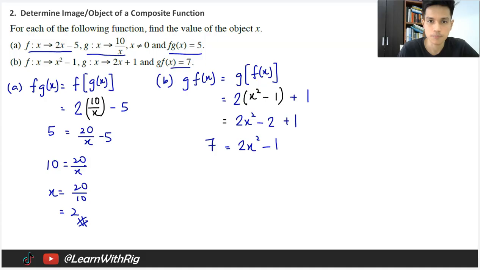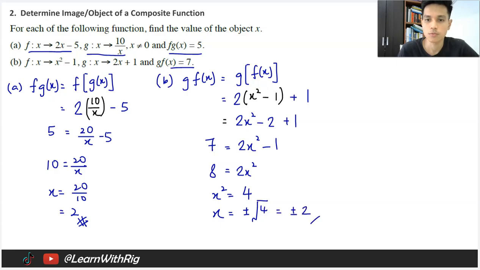Because they gave you here g(f(x)) is equal to 7. So 7 plus 1 is 8, which is equal to 2x squared. So x squared is equal to 4, and x is equal to plus minus the square root of 4, which is plus minus 2. Okay, so you have two possible answers, positive 2 and negative 2, right?